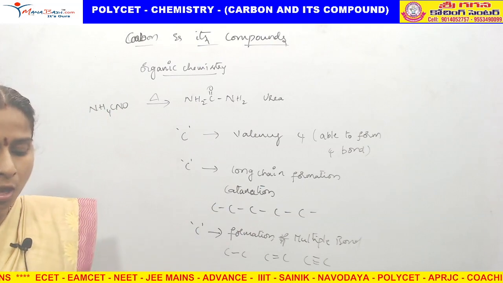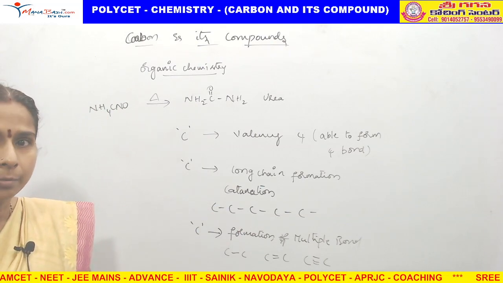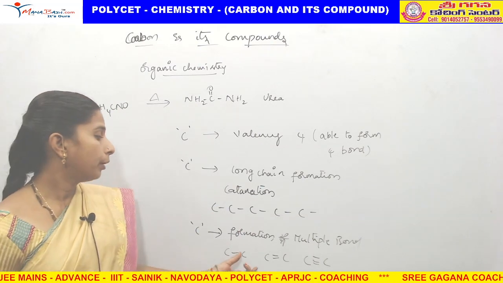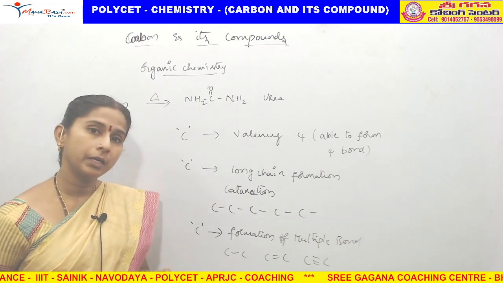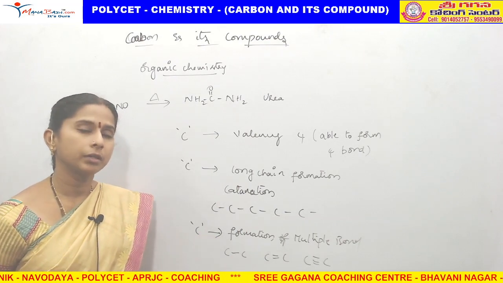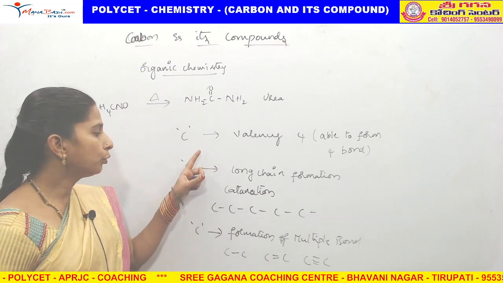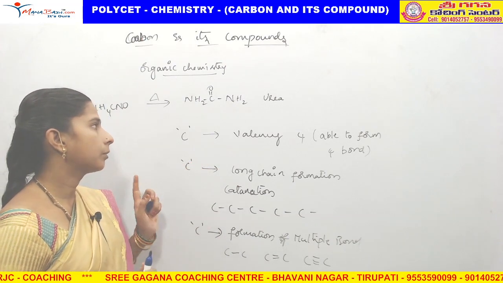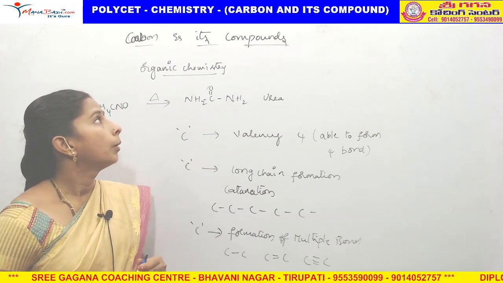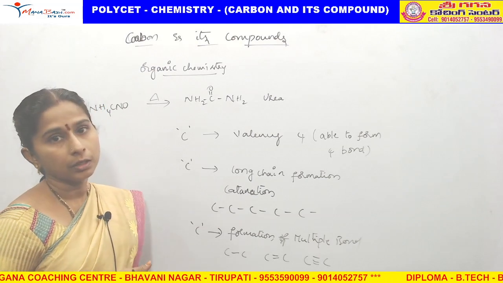There is no other element like carbon to form single, double and triple bonds in a single molecule or different molecules. So due to these 3 reasons, carbon is having more importance in organic chemistry.